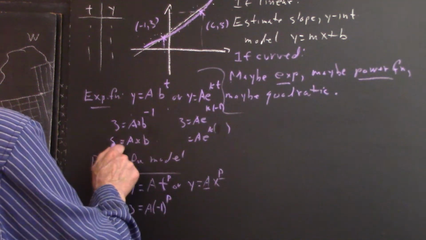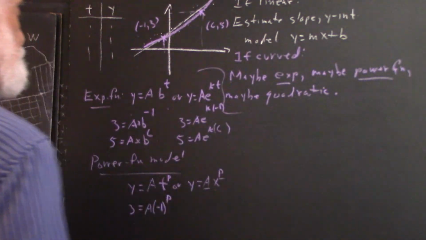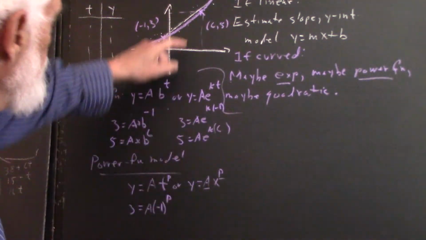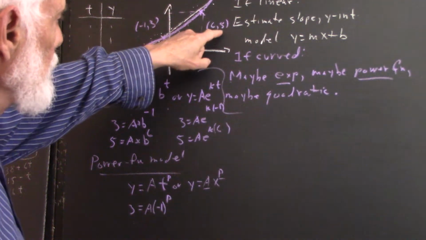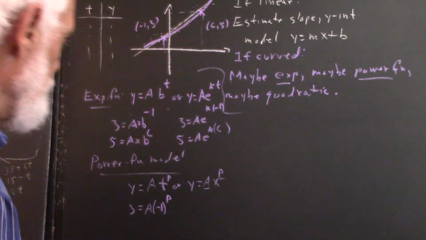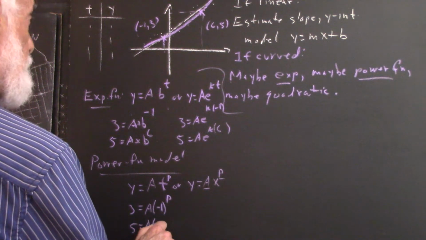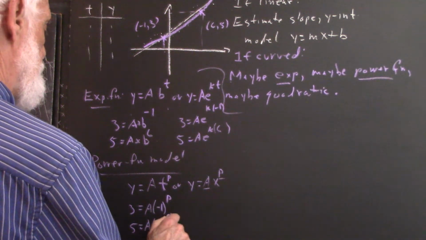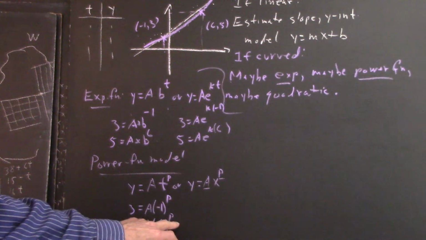Y is 5 and t is 6. Okay, so anyhow, if we have this curve and we think maybe it's a power function, then we plug in 5 for y, 6 for x. And we get 5 equals a times 6 to the p.